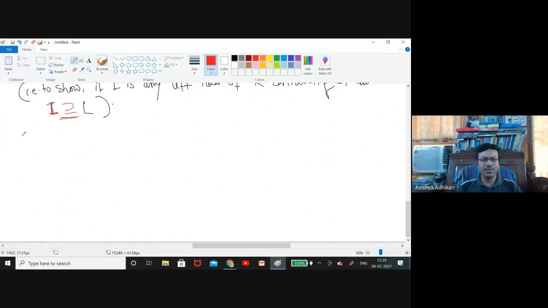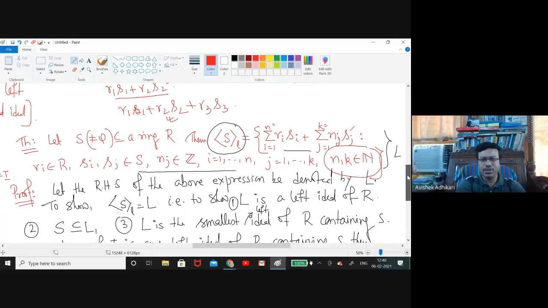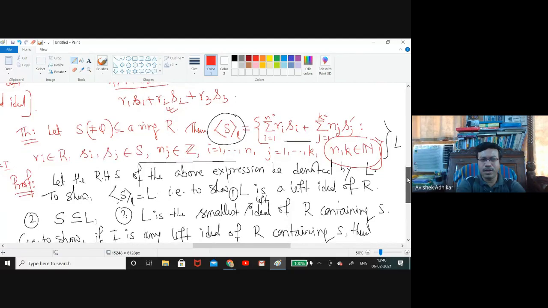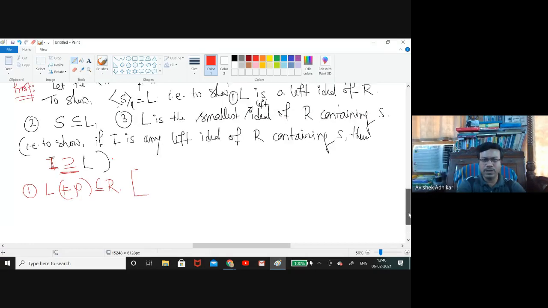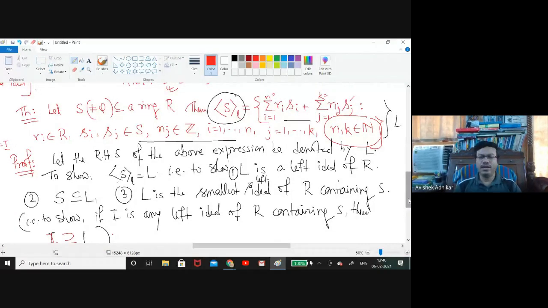First you need to show that this right hand side is a non-empty subset of R. Now tell me how to prove that L is a non-empty subset of R. I am just showing you the expression for L. From this expression, how can I claim that L is a non-empty subset of R?